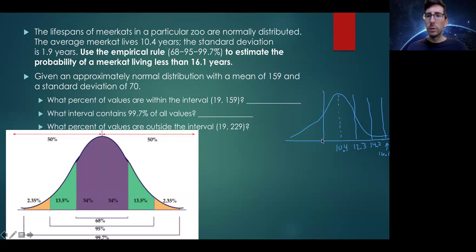If we go 1 standard deviation down from our mean, we subtract 1.9 from 10.4, that should give us 8.5. Yep.